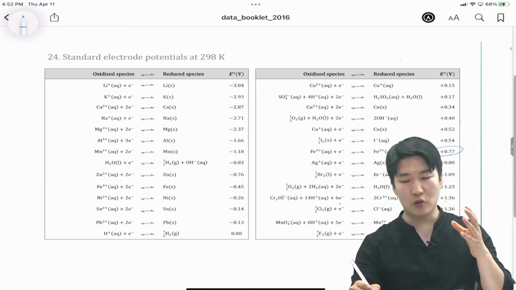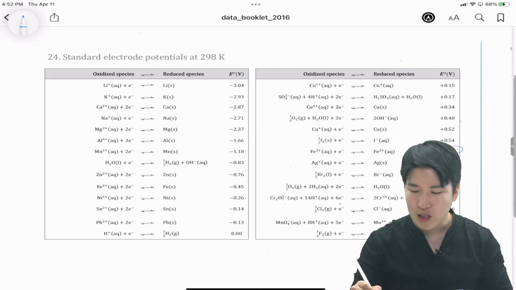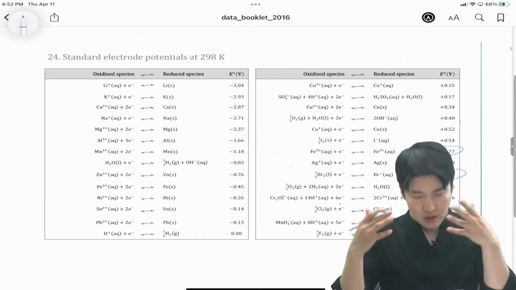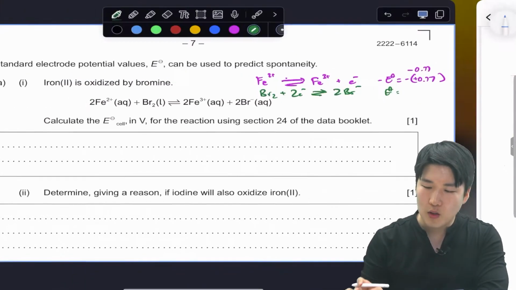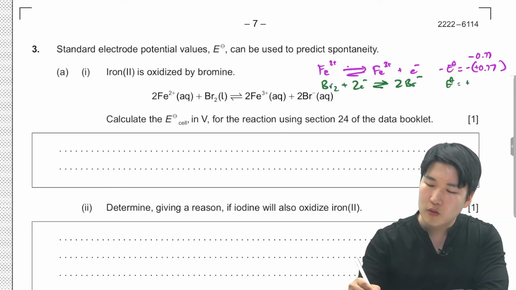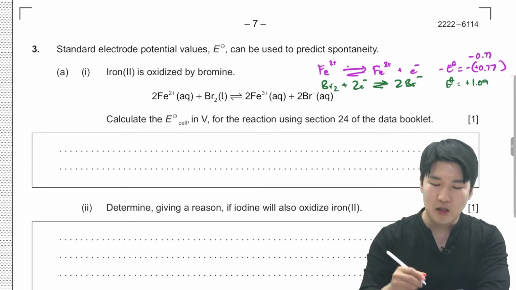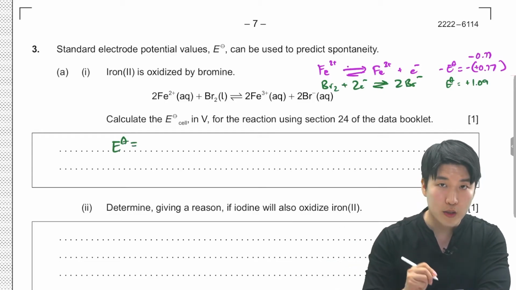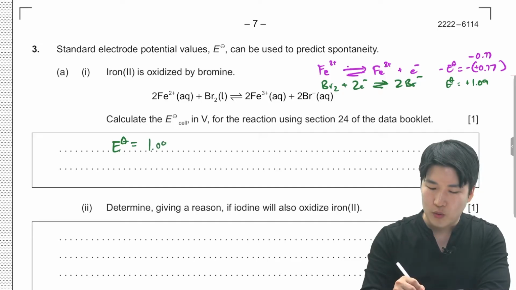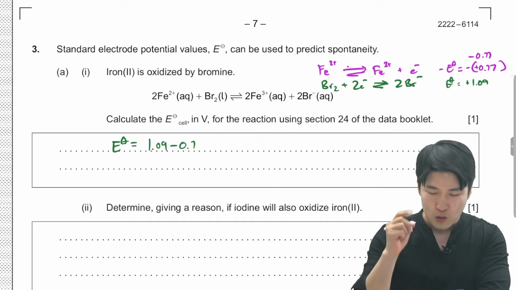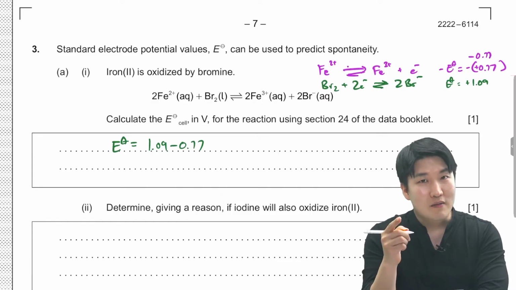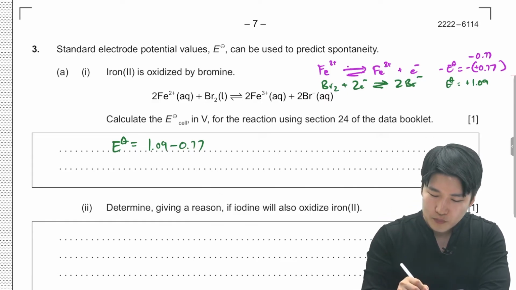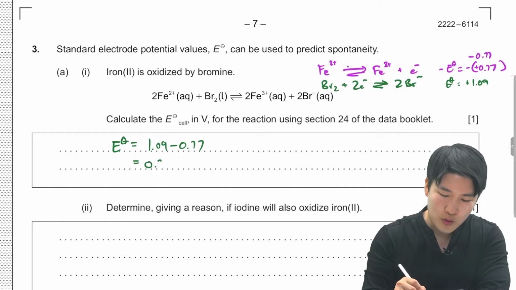We would expect that to have a more positive electrode potential for a spontaneous redox reaction to occur, plus 1.09, meaning that the cell potential E theta would be 1.09 minus 0.77 volts, so that we end up with 0.32 volts.